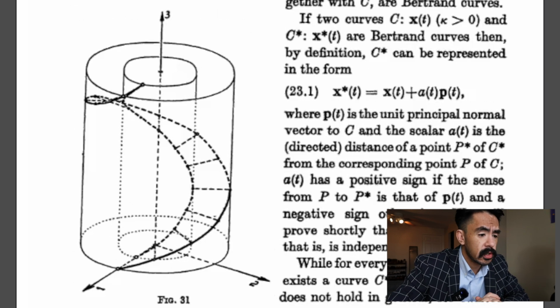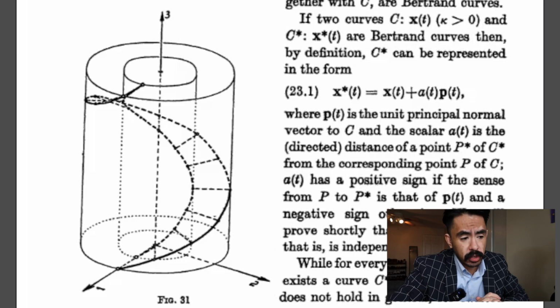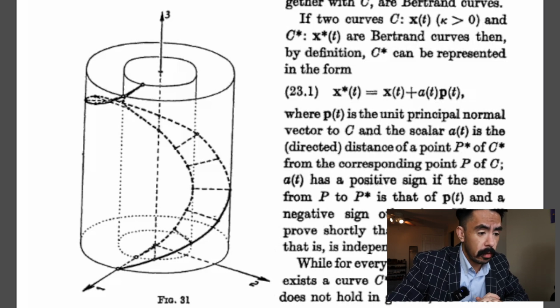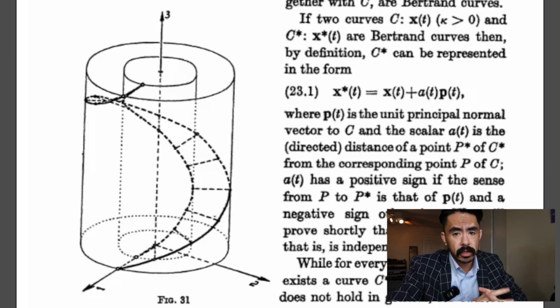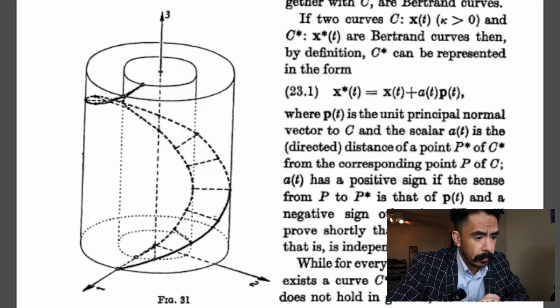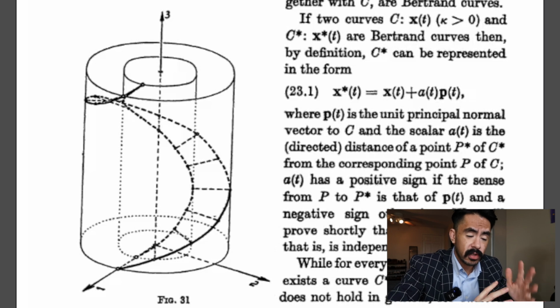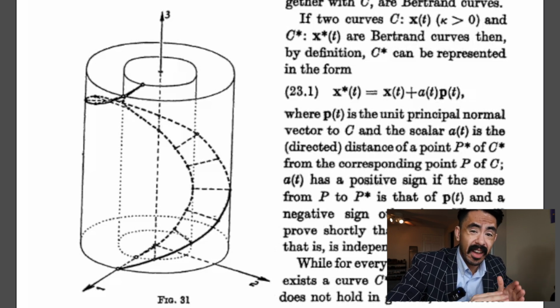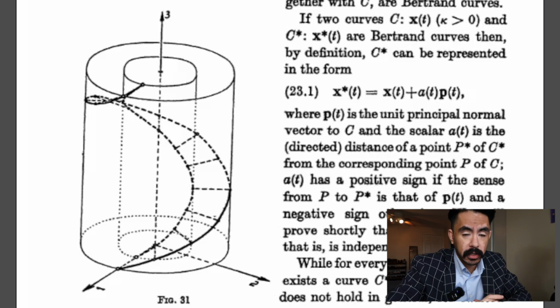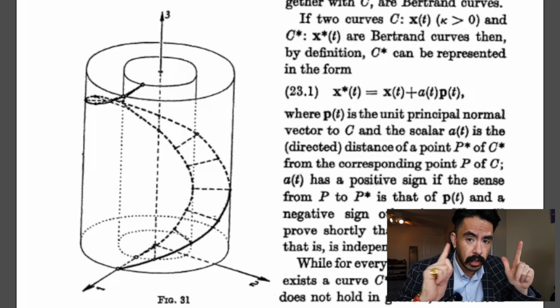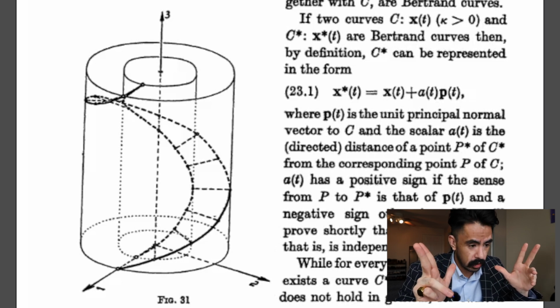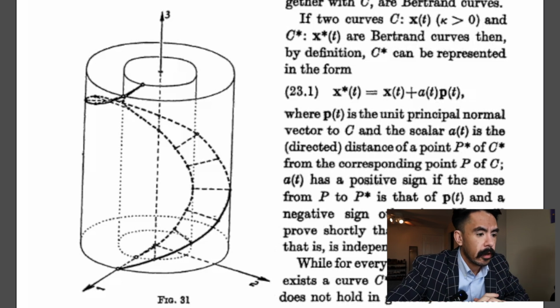If two curves C, given by the vector parametric representation x of t, which has positive non-zero curvature kappa, and a second curve C star, which has a vector parametric representation given by x star of t. So two curves, C and C star, but they're not given in terms of arc length this time for once.